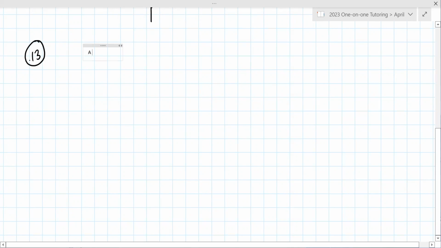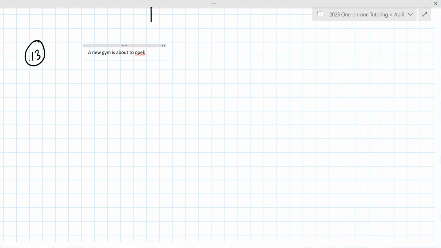Okay. So let's talk about that. A new gym is about to open and the one-time membership fee of $120 is being reduced by 30%. What is the discount?